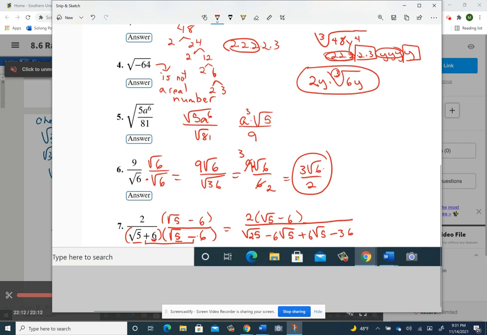Now, this concept of multiplying by the conjugate, we learned to do that because our answers can't have radicals in the denominator, and it'll get rid of that radical down there because the inside and the outside terms wind up being opposites that cancel out. The square root of 25 is 5.